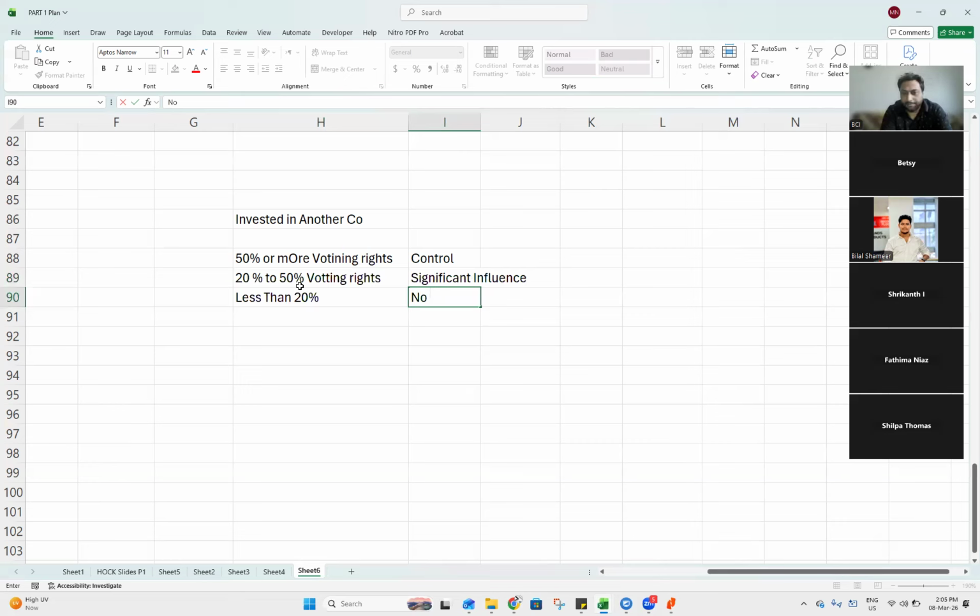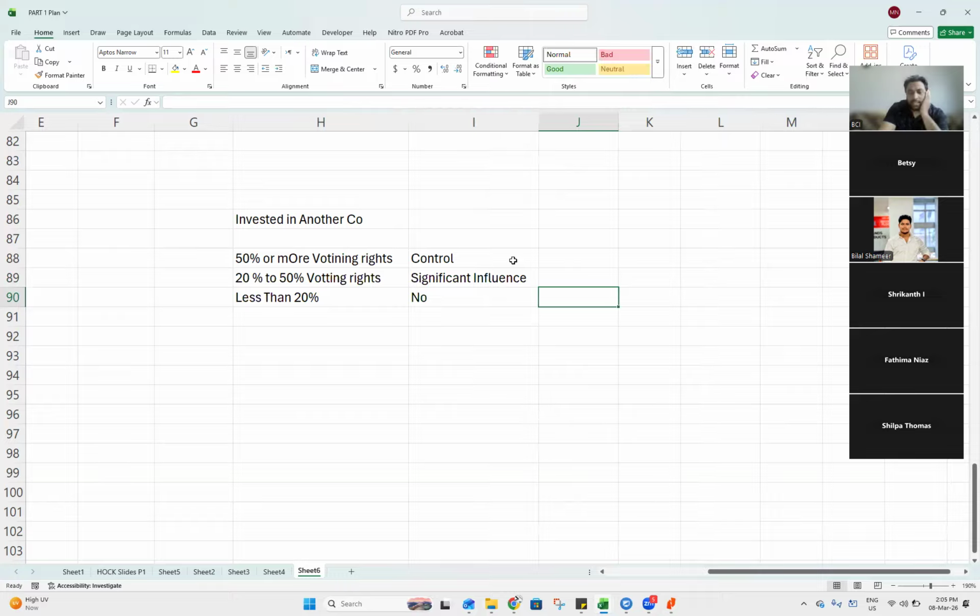Now, if you have more than 50 percent voting rights in another company, in the accounting aspect, you have to prepare consolidated financial statements. If you have significant influence, you have an option, either the fair value option or the equity method of accounting.